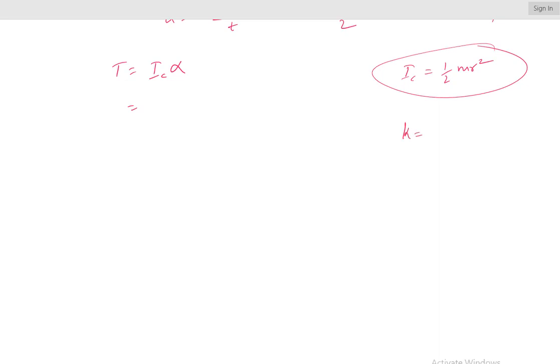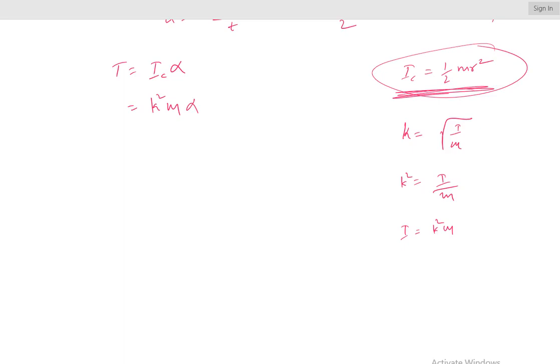K is equal to square root of I over m, right? So K square is equal to I over m, and I is equal to K square m. Because K is given and m is given, we don't need to know this formula for this problem.